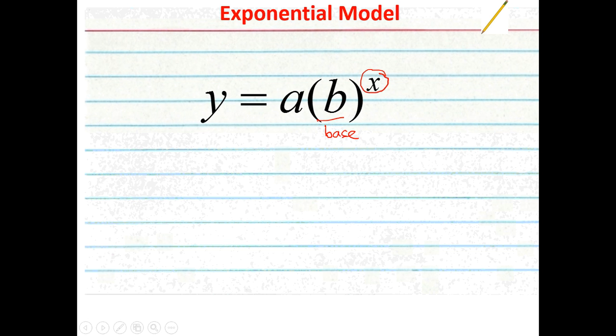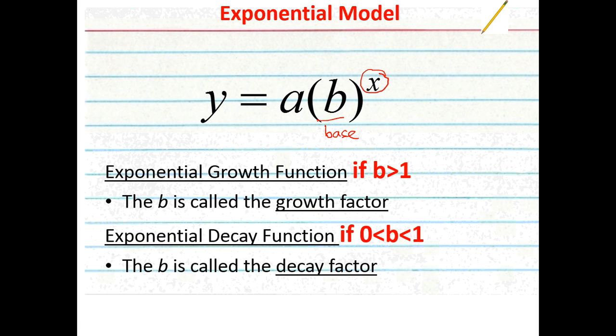And so if you have an exponential growth function, b is going to be greater than 1. That's called your growth factor. So your base becomes your growth factor if b is greater than 1. It becomes your exponential decay factor, or a decay, if your base is between 0 and 1.